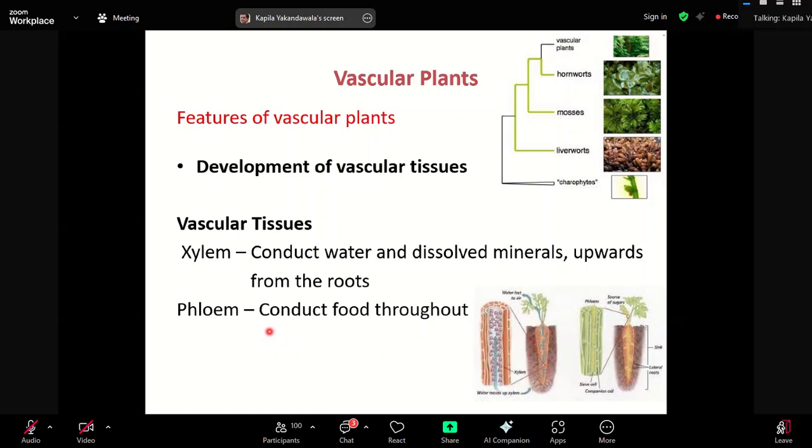They store their food in the branches. Sometimes, in the case of roots, it can dissolve and transfer into the leaves as well. So bidirectional is possible with phloem, but xylem is unidirectional.